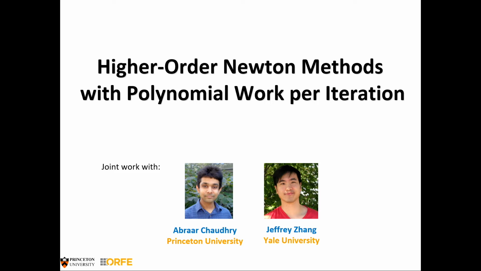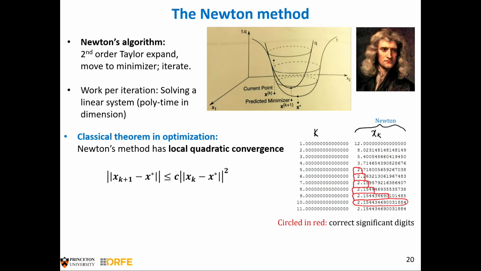So let me first remind you what Newton's method is. I'm sure you all know it, but here I'm interested in minimizing a function f, and f may be too complex. What I do is that if I'm at an iterate x_k, I replace f by its second order Taylor expansion around x_k. That gives me a quadratic function q. In the next step, I move to a minimizer of that Taylor expansion.